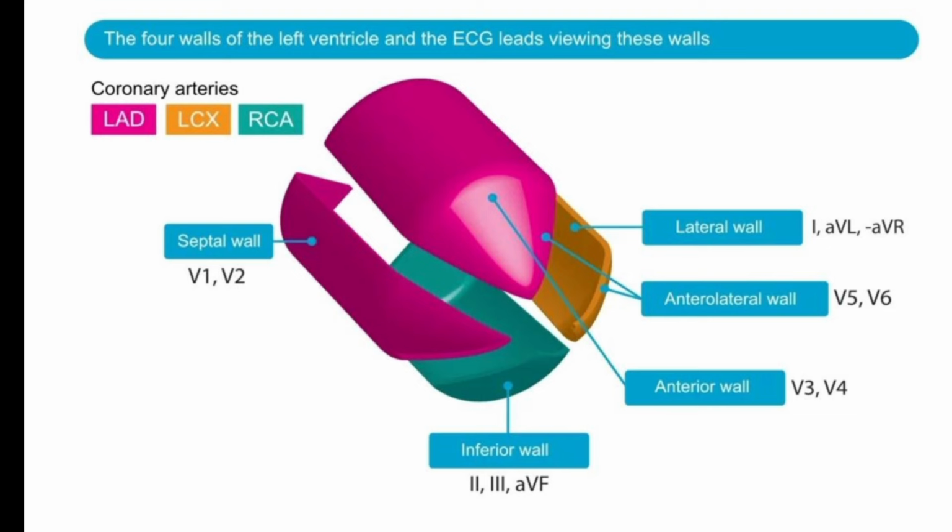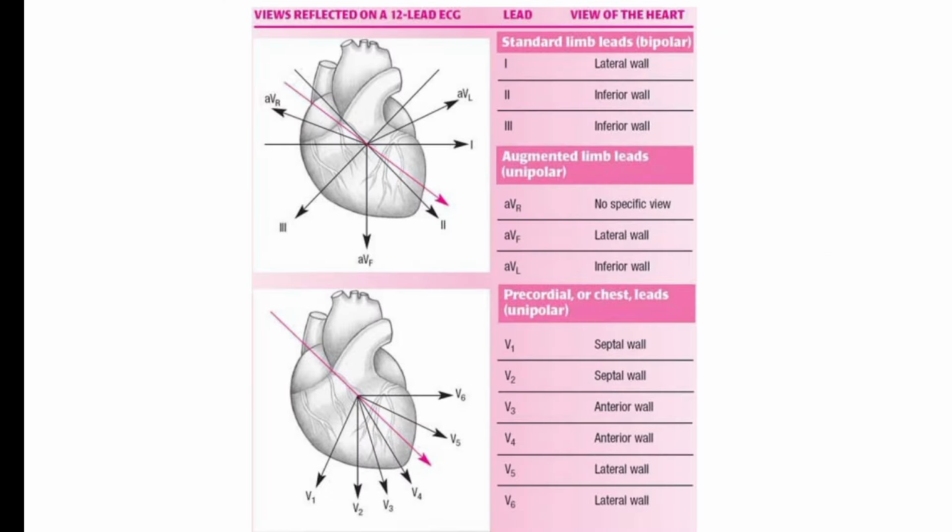The lateral wall is denoted with 1, AVL and AVR, and the inferior wall is denoted with 2, 3 and AVF. So from the inferior side, the leads seen are 2, 3 and AVF, which denote the inferior wall.